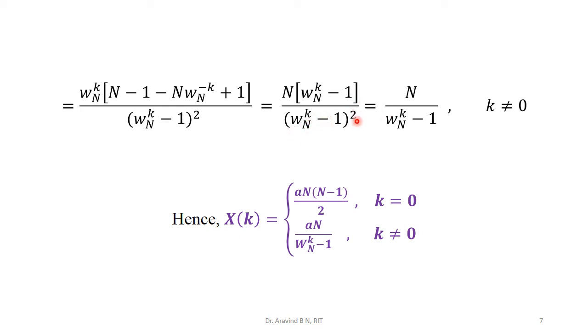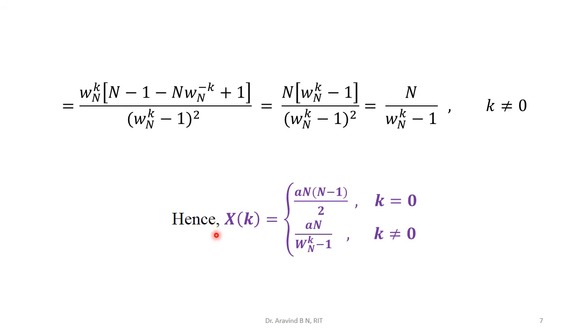This whole square and this omega n to the power of k minus 1 term, once it divides, the remaining is n divided by omega n to the power of k minus 1. This is with respect to k not equal to 0.